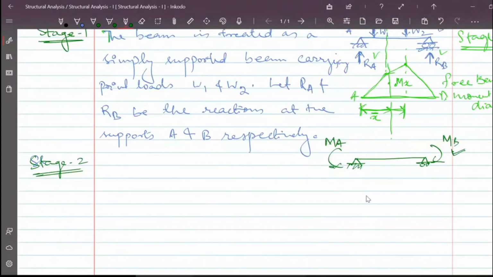Now for that the fixed end moment diagram will be similar one, right? This is MA, this is MB.